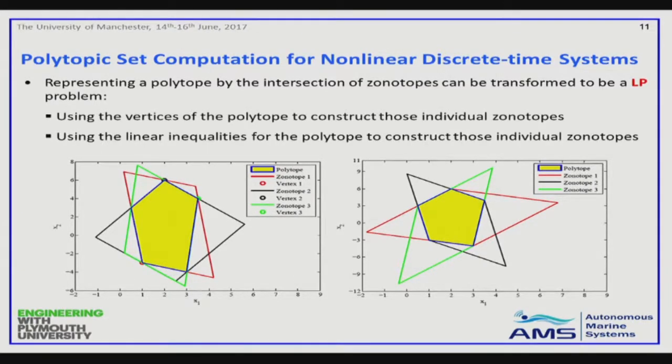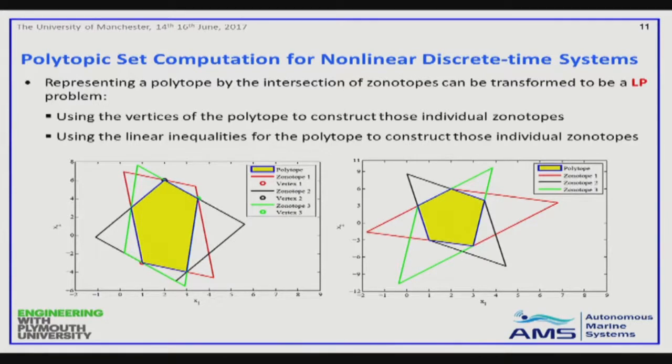So it's not related to the vertex. You can use this method to construct the intersection, or use that method to construct the intersection. Here I just show that it's feasible, that you can always find a linear program method to construct this intersection, to represent your polytope by the simple zonotopes.